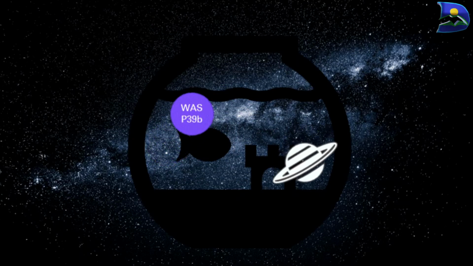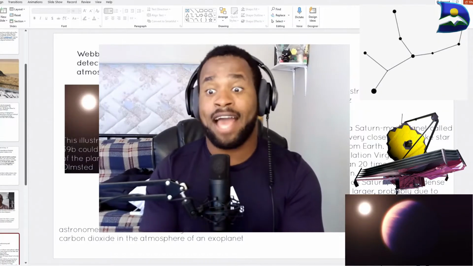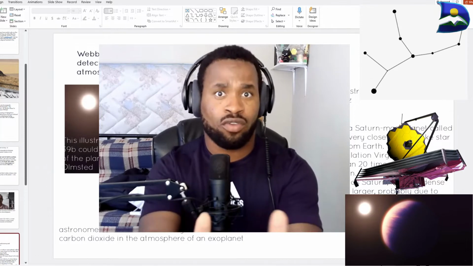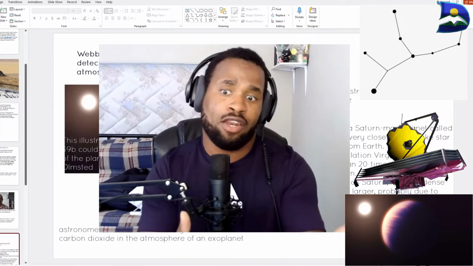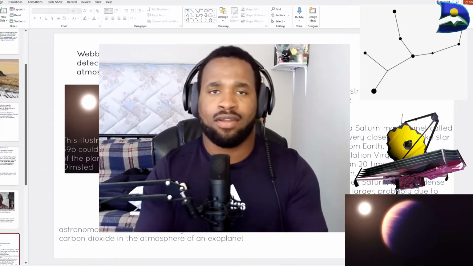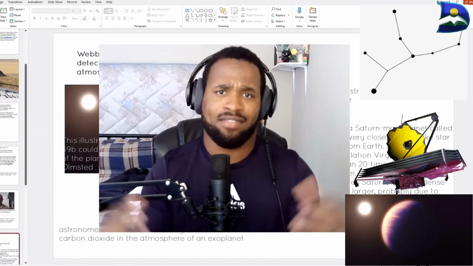It is less dense and about 50% larger, probably due to the heating from being so close to its star. That is why it's considered to be a little bit lighter or less dense than our Saturn in our solar system.